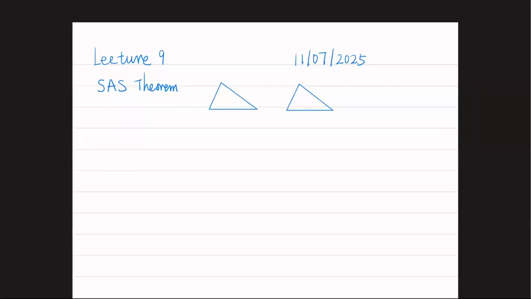So in particular, here we emphasize the angle must be between the two sides we are comparing. So first pair, second pair, then the angle must be the one between them. We cannot pick a third pair. If we pick this angle, then it's not a side angle side theorem.